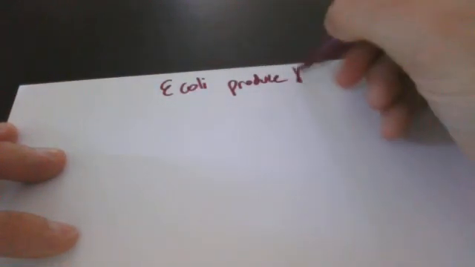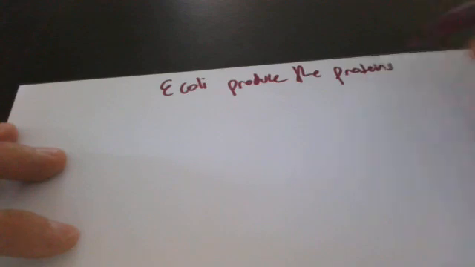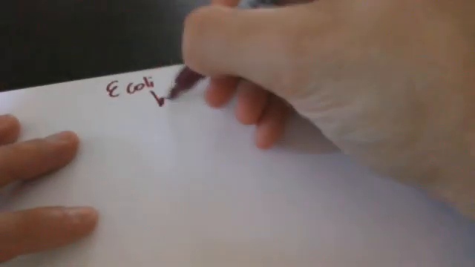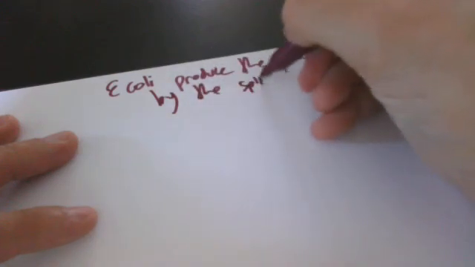And for example, E. coli. Okay, E. coli is a bacterium that's found inside human intestines. Okay, and it can be grown easily in the lab. So E. coli, okay, they produce the proteins coded for by the splice genes.